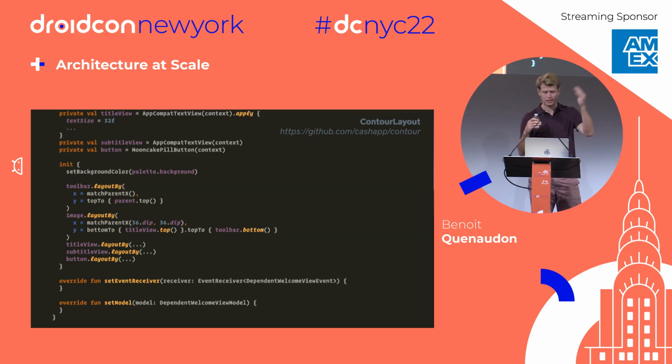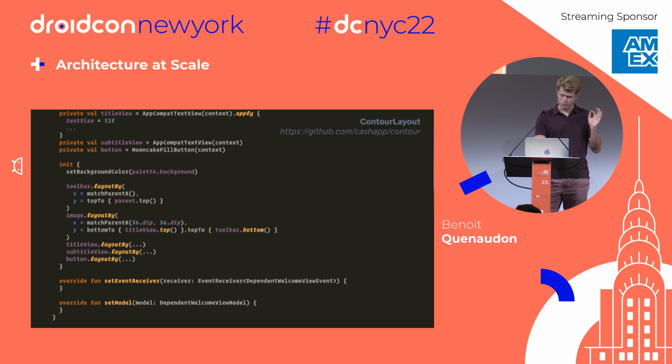On the y, your top is there. Same for the image. And so all the lambdas in the x and y will be executed on every layout, and that has been pretty handy to do conditional layout, design, positioning, whatever.